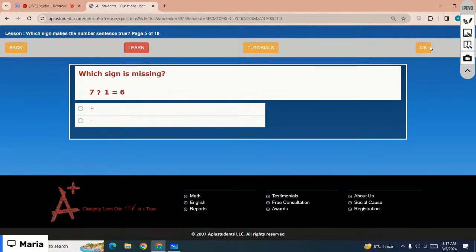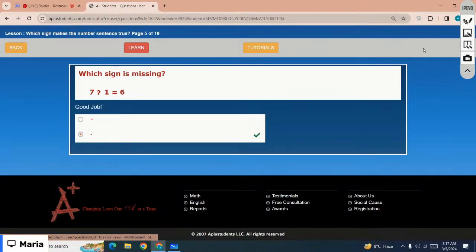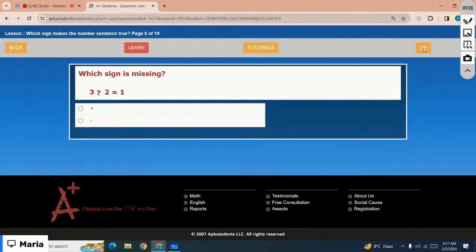The correct option is subtract. 7 minus 1 equals 6. Which sign is missing? 3, missing sign, 2 equals 1. So you have to add or subtract to make it 1.